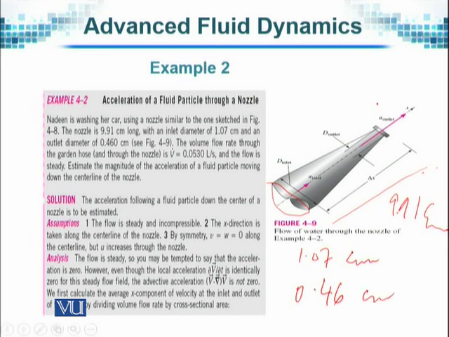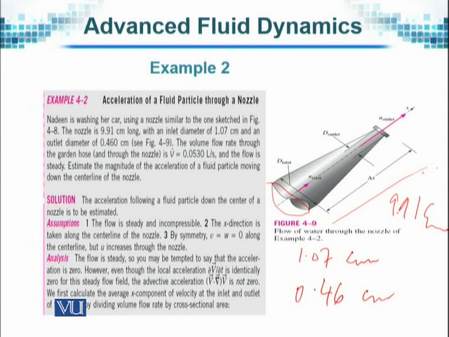As roughly depicted in the picture, the volume flow rate through the garden hose and through the nozzle is 0.053 liters per second.